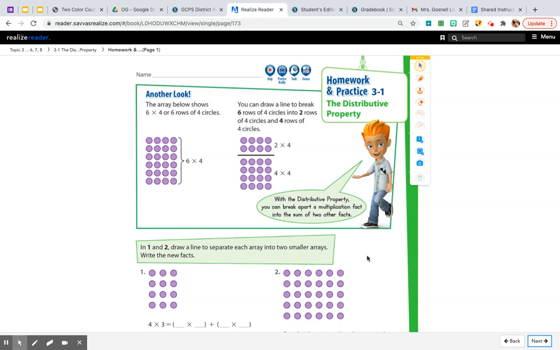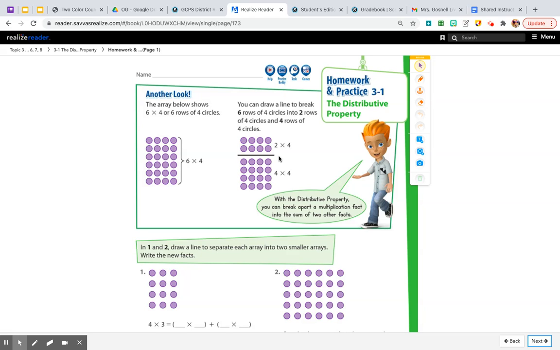Another look. The array below shows 6 times 4, or 6 rows of 4 circles. You see that? 6 rows of 4 circles. You can draw a line to break the 6 rows of 4 circles into 2.